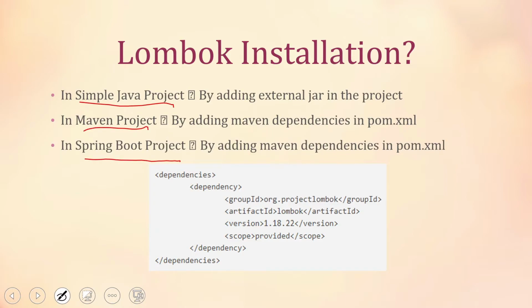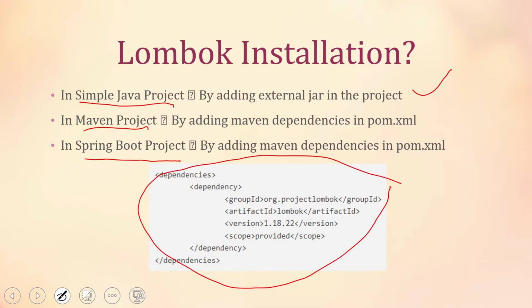In a simple Java project, you need to download the Lombok jar and add it in the build path of the project. If you are using a Maven project, then this dependency should be used in the pom.xml, and in a Spring Boot project you can use the same dependency or you can use Lombok starters.